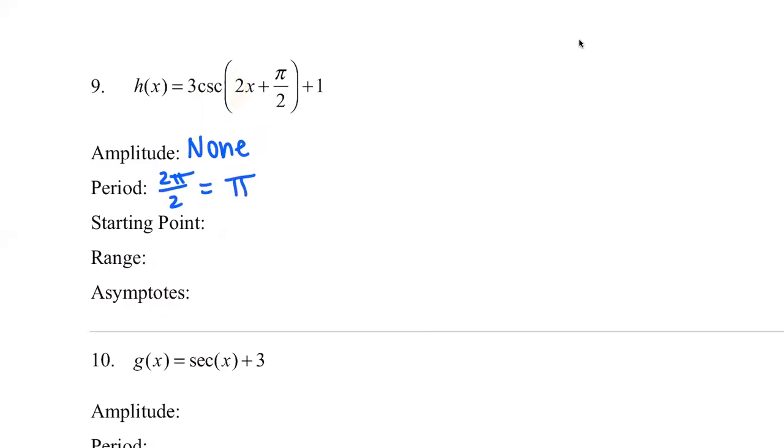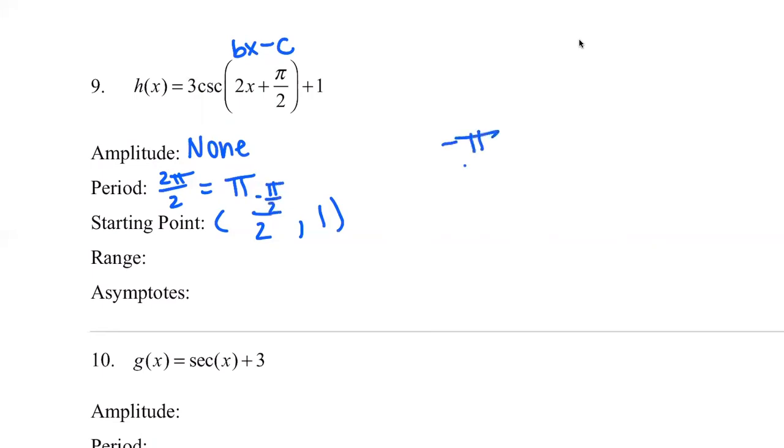Okay, now bx minus c is what's inside here. Let's go ahead and just identify that our d value is 1. Now, when we take c divided by b, it looks like b is 2, and our c value, keep in mind, is a negative pi over 2.